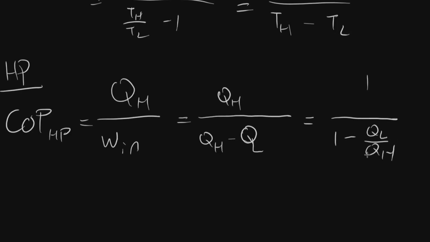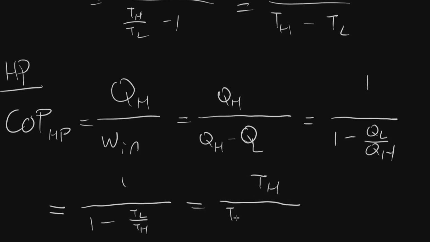We can replace this, in the ideal reversible case, with TL over TH, using the Kelvin scale, and then multiply everything through by TH. We get TH over TH minus TL. And boom, same thing for the heat pump. If we know the temperature of the reservoirs, we can find the ideal case, compare that to our actual case, and then we know how good our heat pump is.